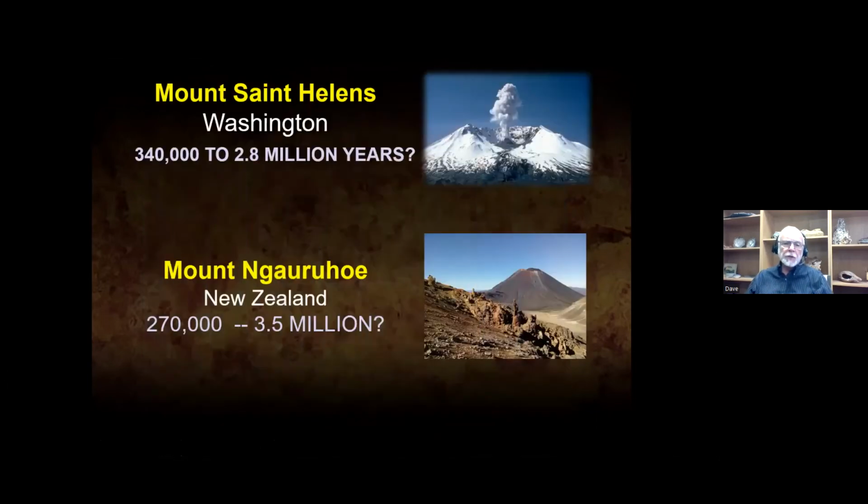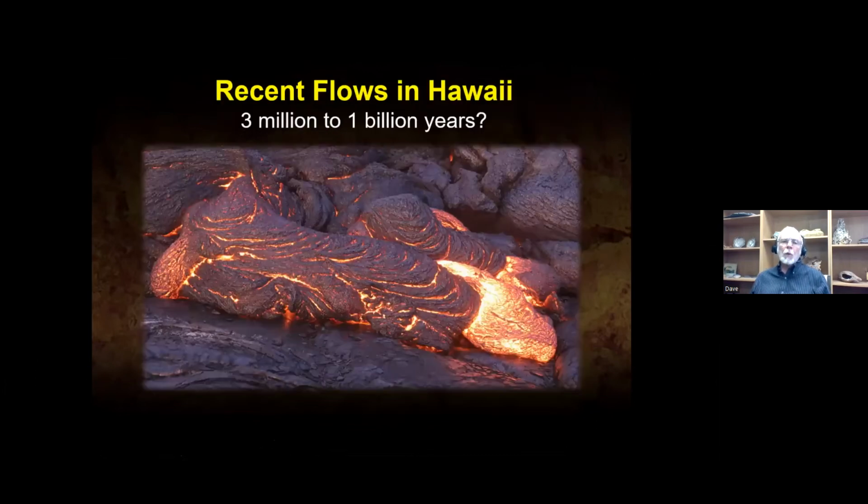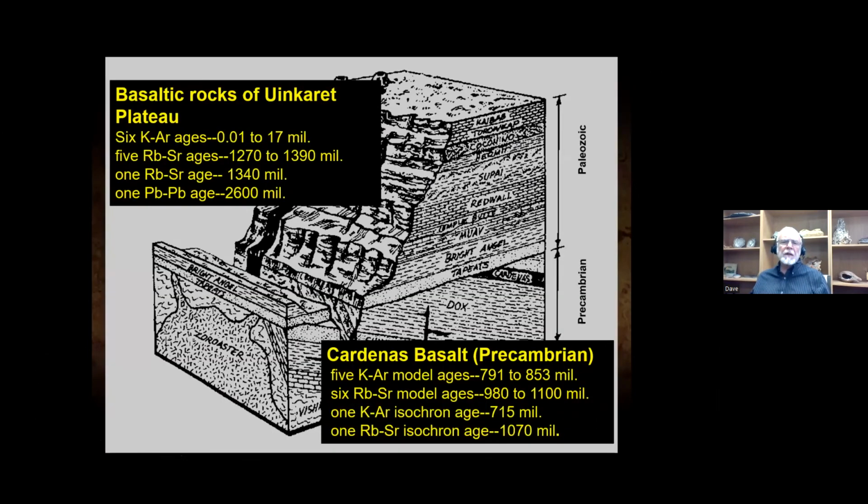Same thing in New Zealand. Again, similar types of dates. In Hawaii, there were recent volcanic lava flows that they knew when occurred, but they were dated from 3 million to 1 billion years old. Something's drastically wrong. And so you look at the Grand Canyon, you find out that these recent volcanic lava flows that actually flowed down into the canyon at one time were dated.